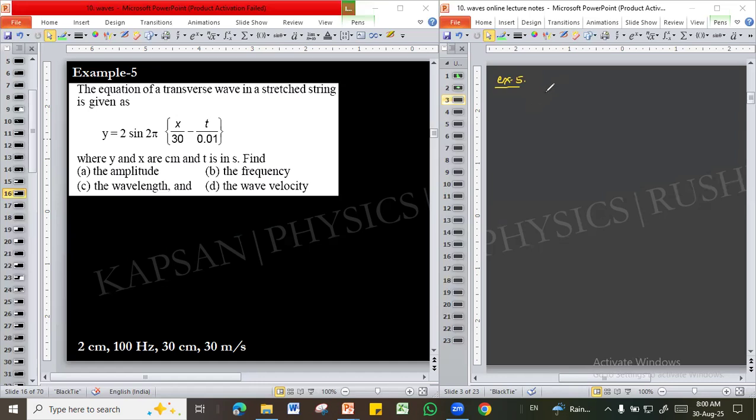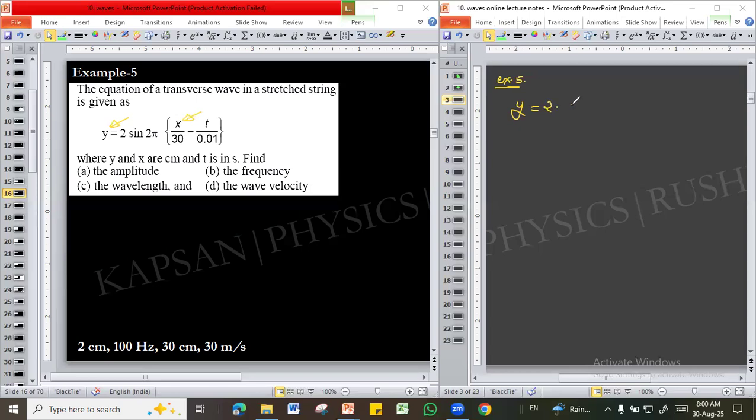The equation of the transverse wave in a stretched string is given as y is equal to... Why is it a transverse wave? It is traveling in the x direction and particles are oscillating in the y direction. So it is a transverse wave. Now the lecture won't be boring. Solve with me.